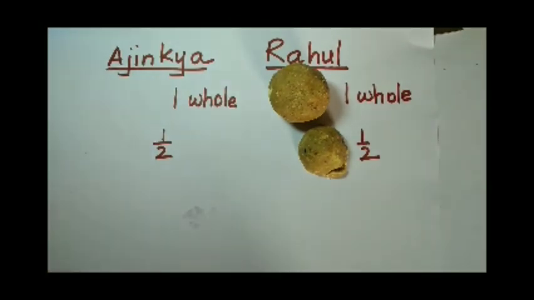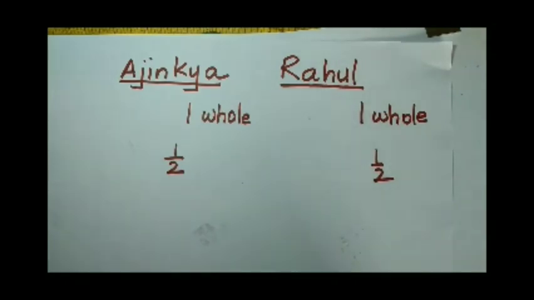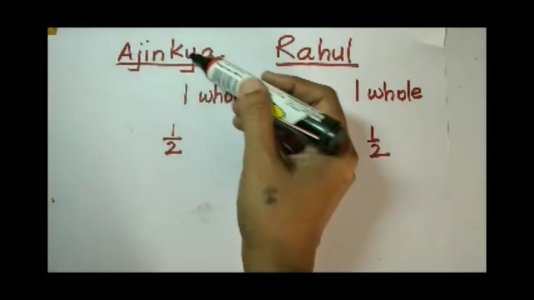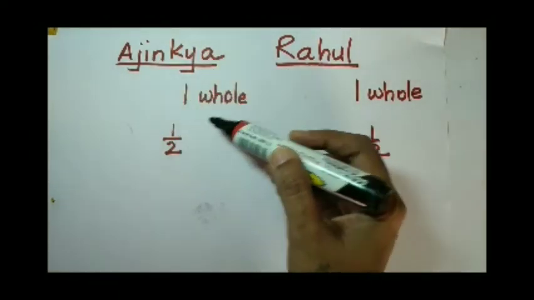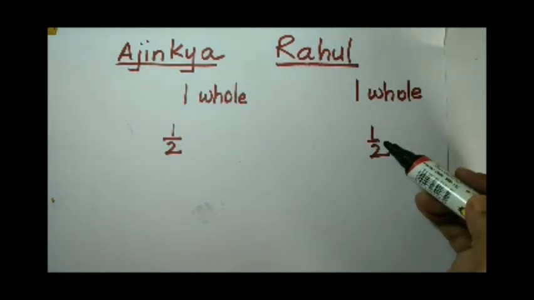We'll remove the laddus now. So each person gets one whole and half laddu. Ajinkya gets one whole and half laddu. Rahul also gets one whole and half laddu.